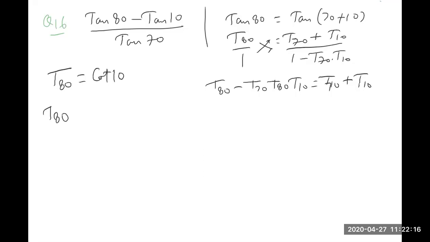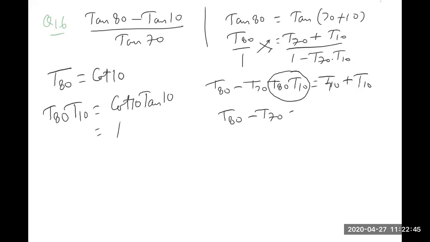So tan 80 into tan 10 will be cot 10 into tan 10, which is equal to 1. That means tan 80 tan 10 will be equal to 1. So you will get tan 80 minus tan 70 is equal to tan 70.